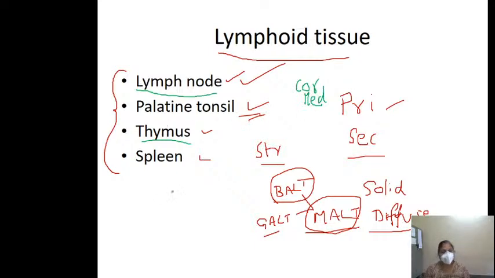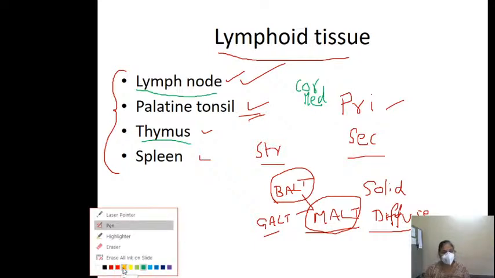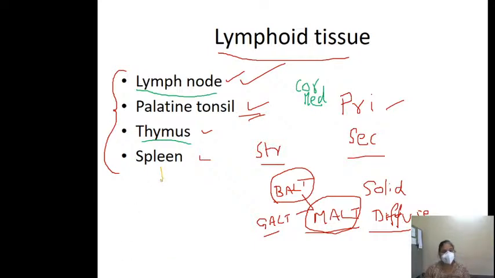But if you see the spleen, the terminology is red pulp and white pulp.